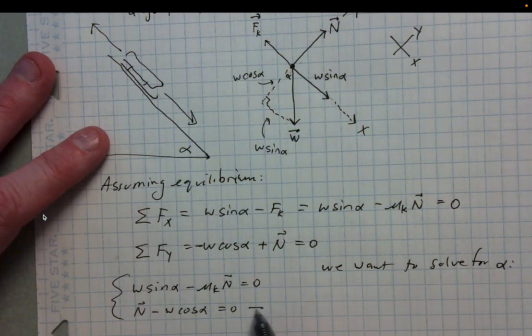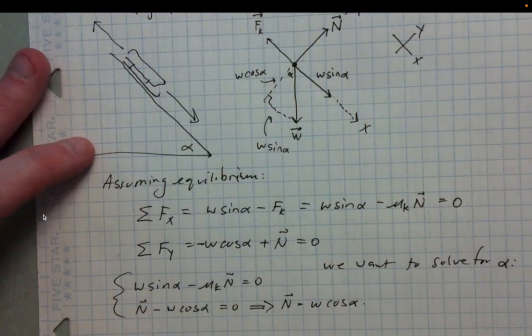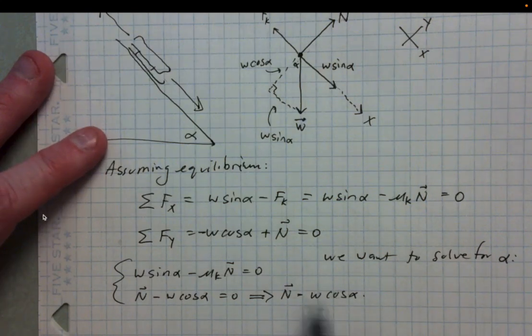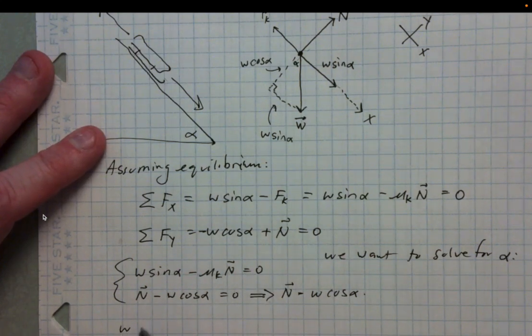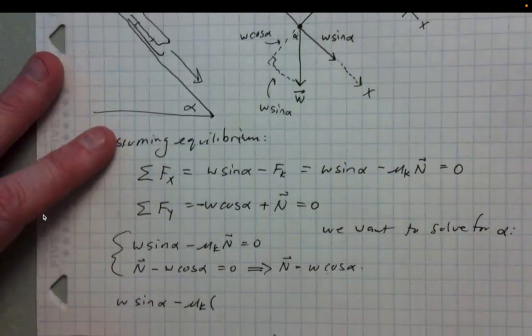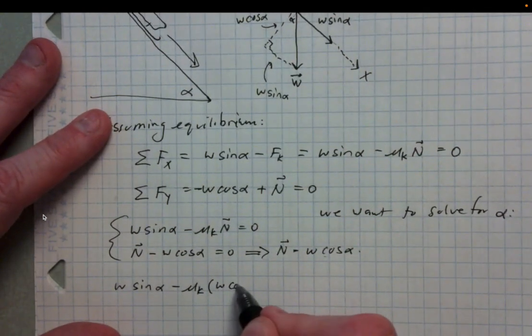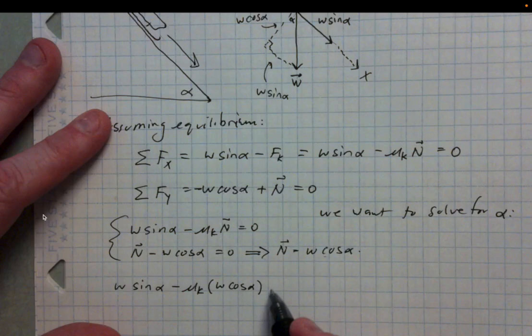All right, I'm just going to take this guy here real quick, and I'm just going to make this, the normal force is equal to W cos alpha. Now what I'm going to do is take that and stick it in here for the normal force. I'm going to plug that in there. So I get W sine of alpha minus mu sub k times, and I'm going to plug this in, W cos alpha, and that's got to equal 0.